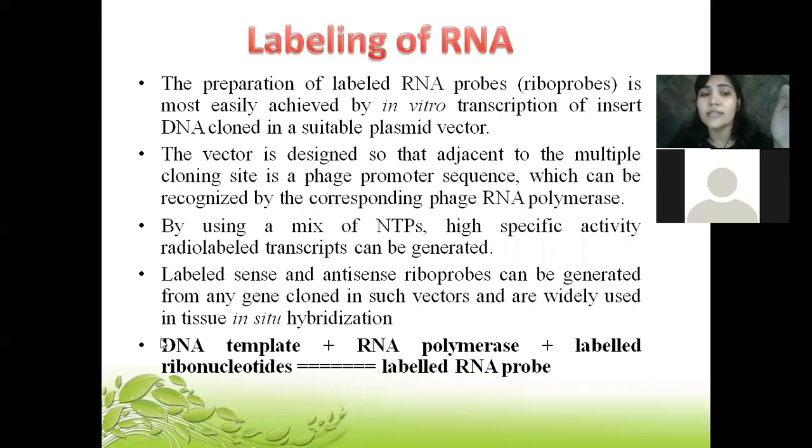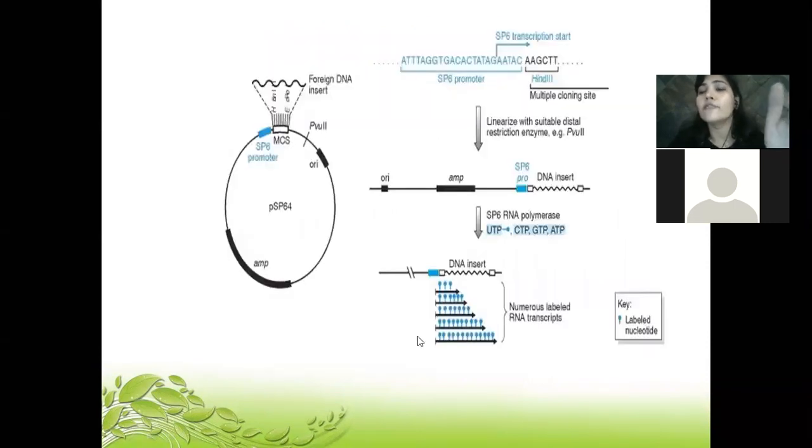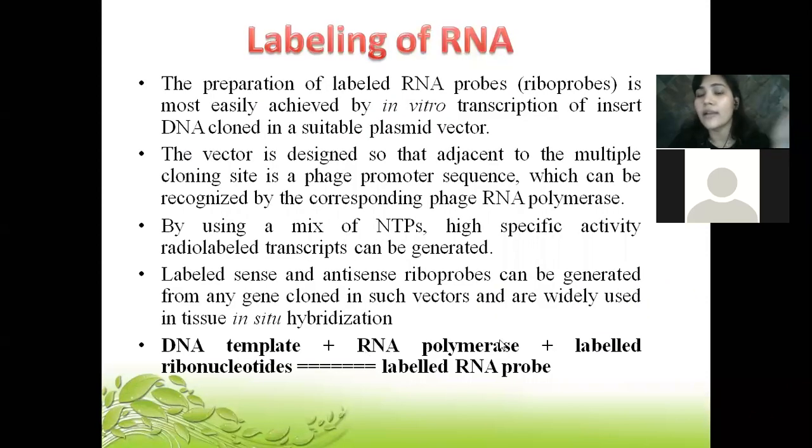Just memorize this part: DNA template plus RNA polymerase. One thing you should remember is that the DNA template has to be cloned in the plasmid vector. Then you just add the RNA polymerase because we all know that to make transcripts we need RNA polymerase, and then we need labeled ribonucleotide, which will give you labeled RNA probes.